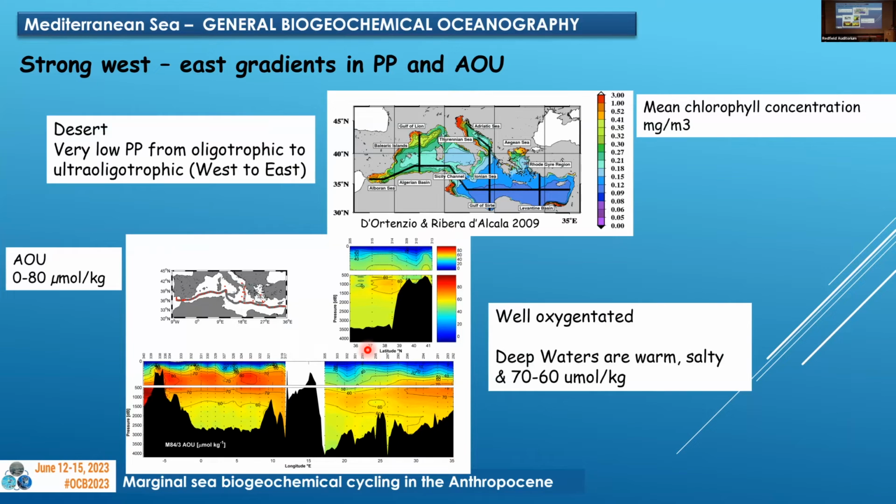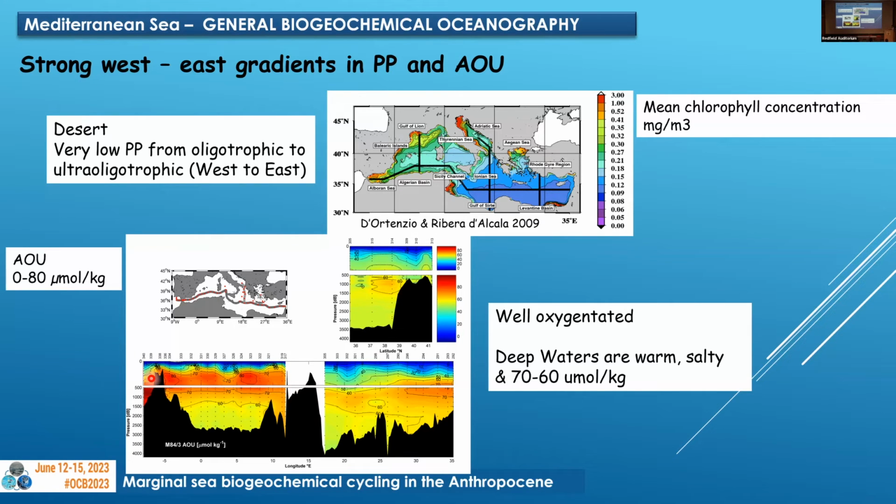The clear waters come because there is not much productivity, not because they are so clean, because there is quite a lot of pollution in terms of metals and so on. So you can see here the gradient for chlorophyll, and because there is not much primary production, there is not much organic matter to be mineralized, and the oxygen in the whole water column is really high, both in the eastern and in the western.